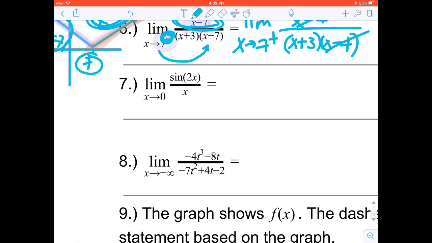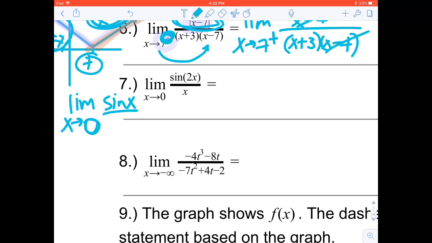Okay, number 7, this limit will come up for sure. We should know that the limit as x goes to 0 of sine x over x equals 1. And then if we have anything other than x, we should have the same thing down in the denominator.